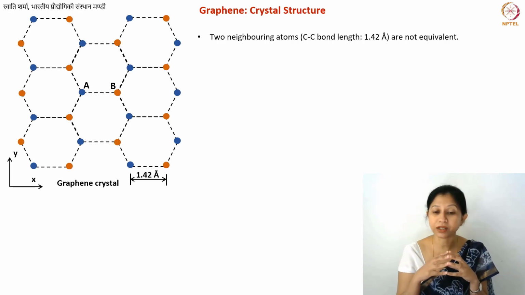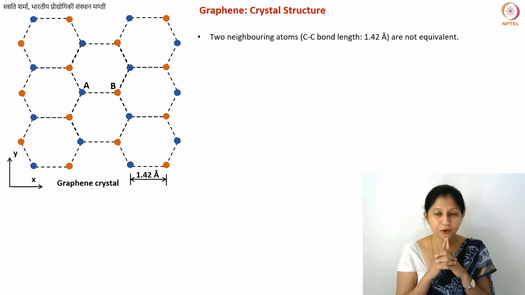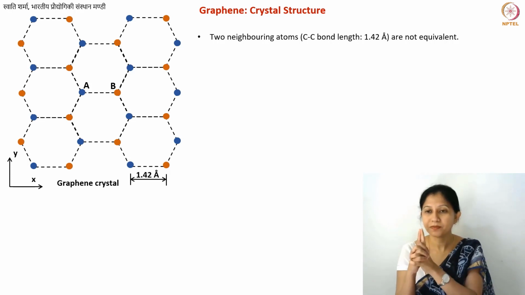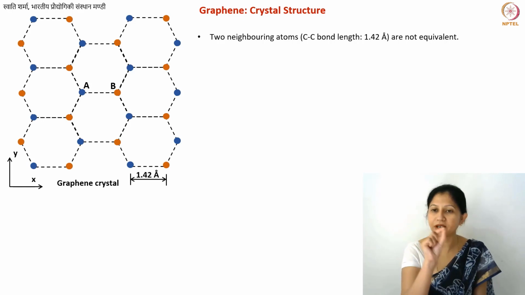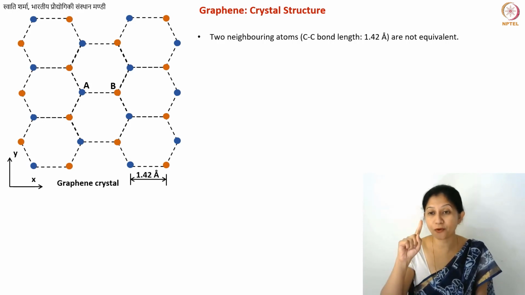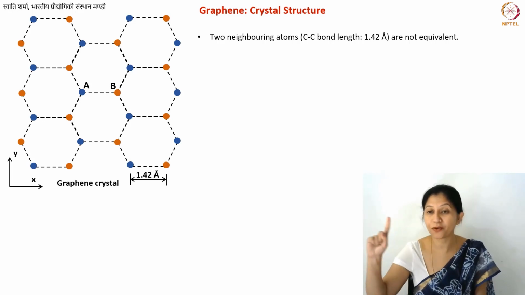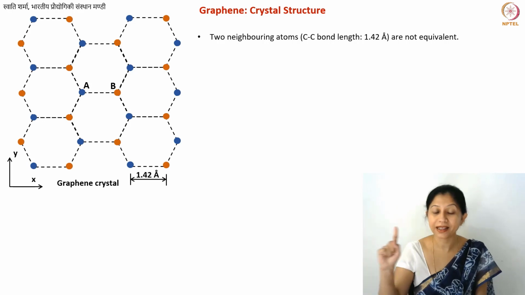Why are they not equivalent? So if you move from A to B, let's say 1.42 angstrom, after 1.42 angstrom you will find the atom B. But if you move from B further in the same direction, then after 1.42 angstrom, there is nothing. So this means that A and B are not equivalent.